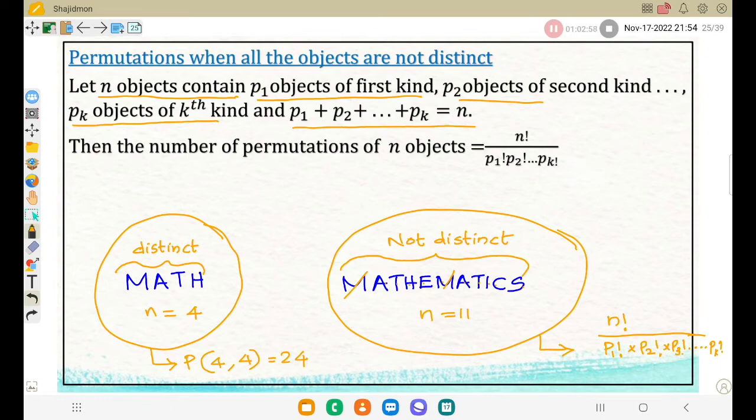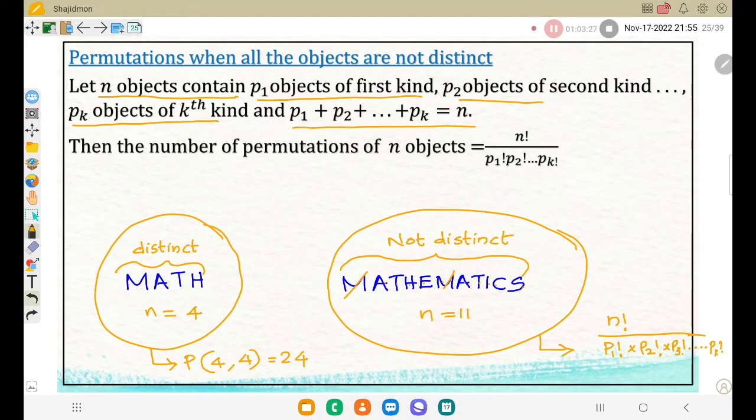Okay, if the objects are not distinct, this is the rule, n factorial. What is the rule actually? N factorial means total letters. For example, here 11 factorial divided by, what is p1? P1 means the first letter M comes how many times? M comes 2 times, so 2 factorial. P2 means the second letter A comes how many times? 2 times, so 2 factorial. P3 means the third letter T, how many times? 2 times, 2 factorial.